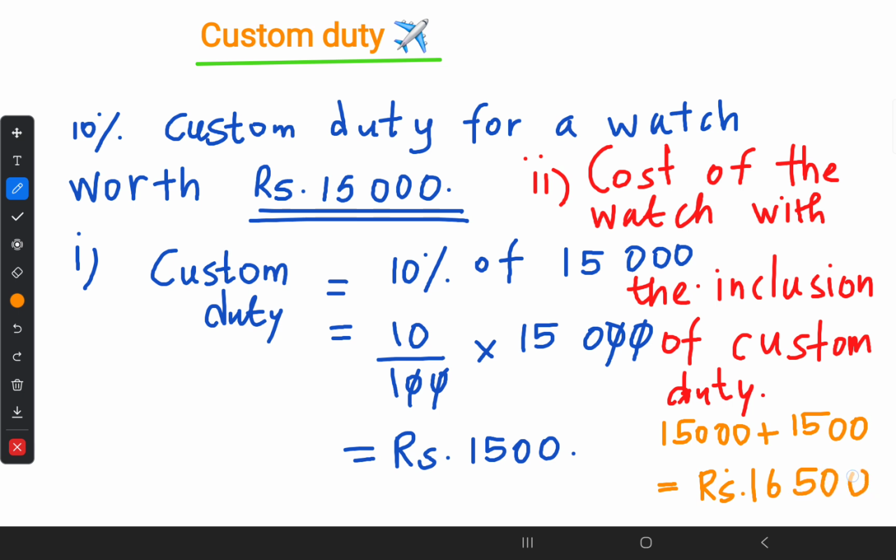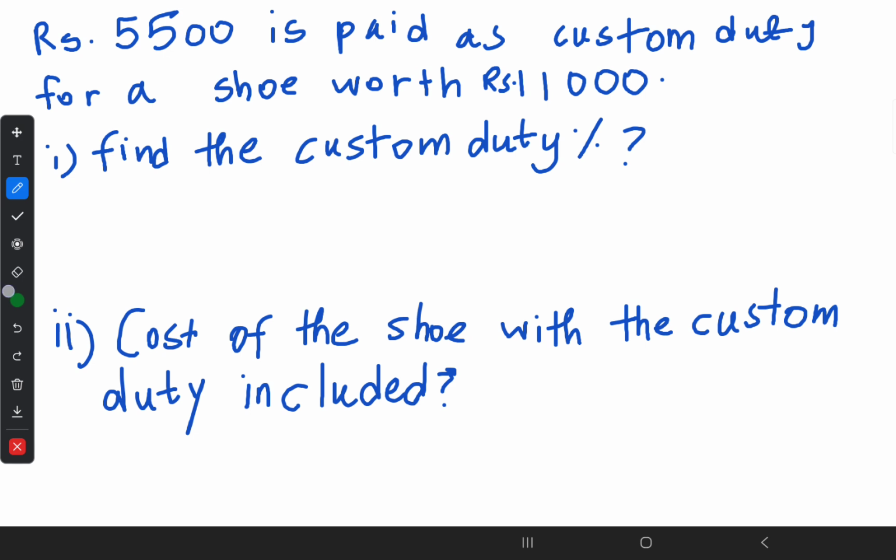This is the cost of that watch after paying the custom duty. So the price is no more 15,000. After paying the custom duty, that will be included in the watch price. Now the price is 16,500.